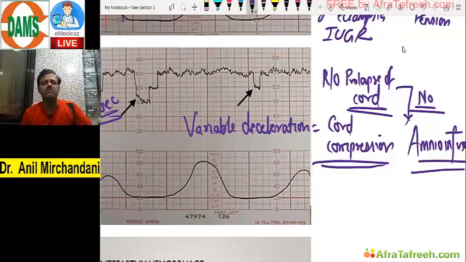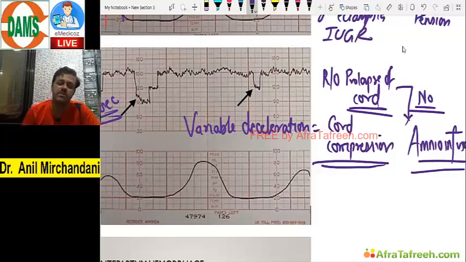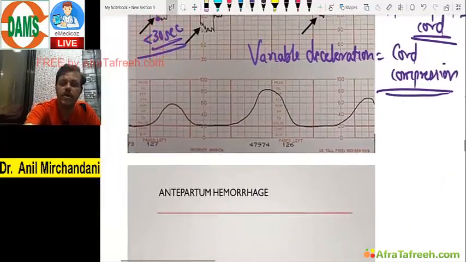In that process, you are obviously asking for help, and head low position is given. So remember, cover the cord with wet gauze, reposit it in the vagina, maintain the position, manual pushing of the head, and Trendelenburg position, head low position, is to be given. I hope you got my point. This is variable deceleration.